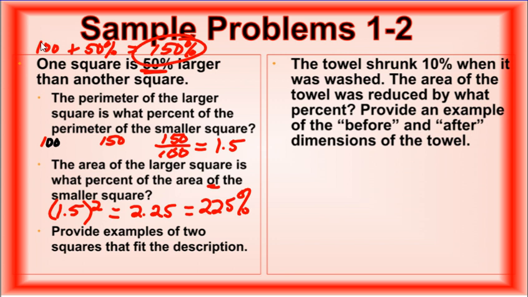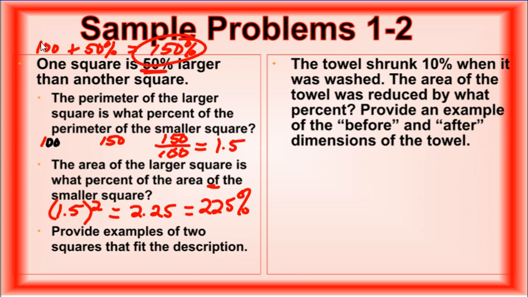So the larger one is 125% larger, but the area is actually 225% of the smaller one. So when you're comparing it, you subtract them. When you're actually saying what percent of the smaller one, you would say 225.